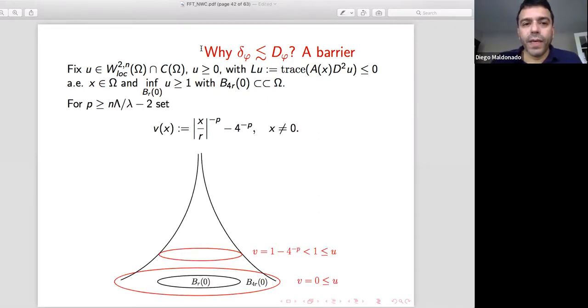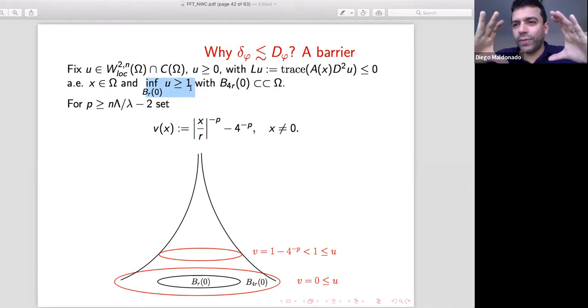This is what you do. Suppose you have a sub-solution, a super solution like this, U, right? And you know that U is bigger than 1, say in a ball center of the origin, radius r. So what you want to see is that in twice that ball it is bigger than some gamma. All right.